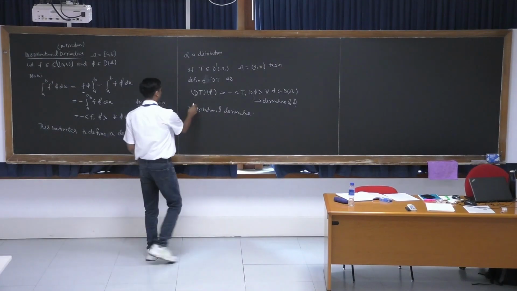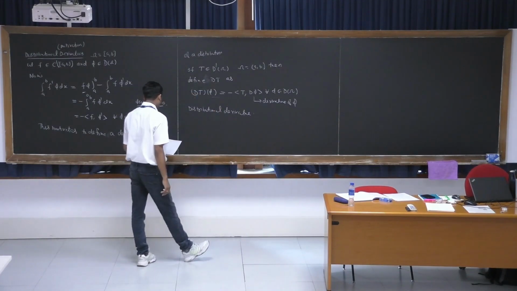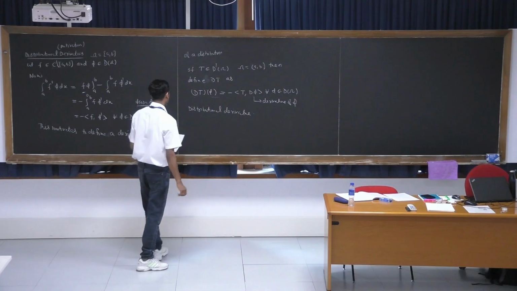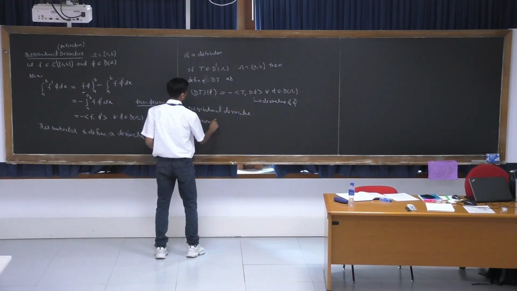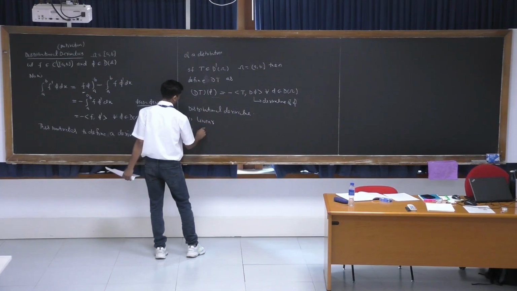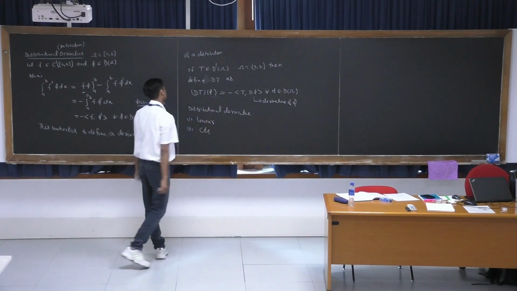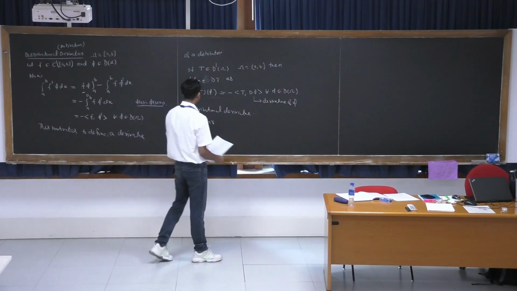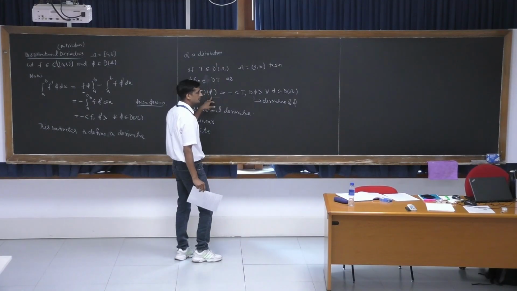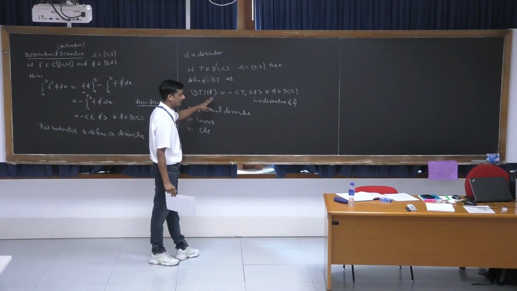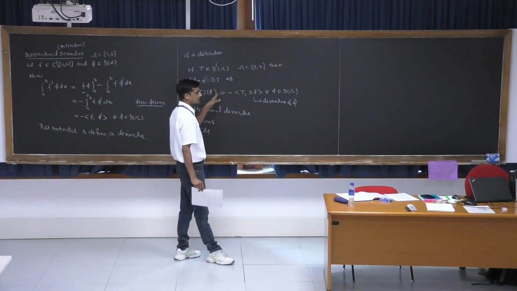So this distributional derivative is both linear and continuous. We can prove that this is linear, and second, we can prove that this is continuous. For linearity, just choose two functions phi 1 and phi 2 and form alpha 1 phi 1 plus alpha 2 phi 2.